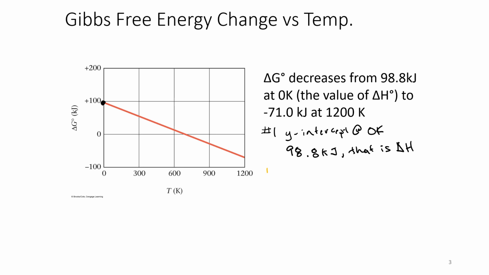Number 2, the piece of information we can glean from this is that our slope goes down.